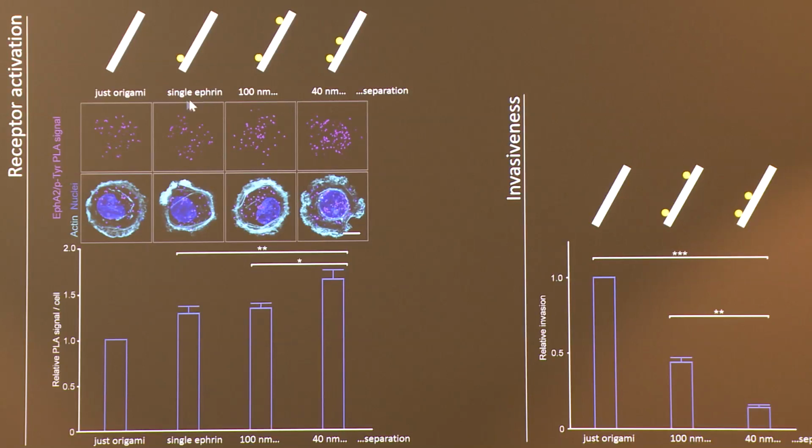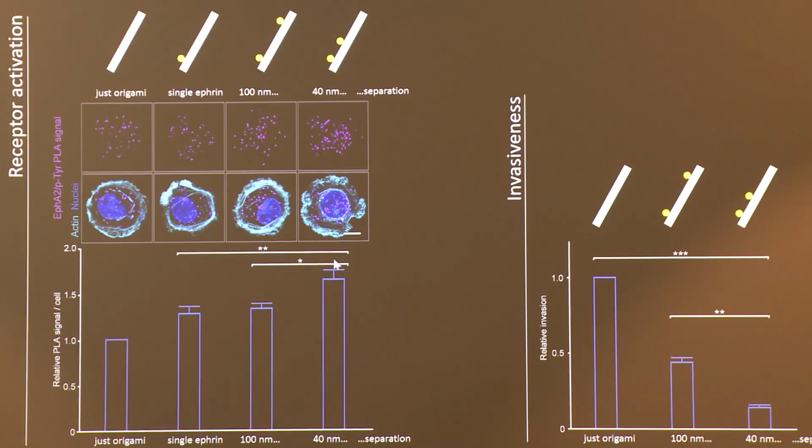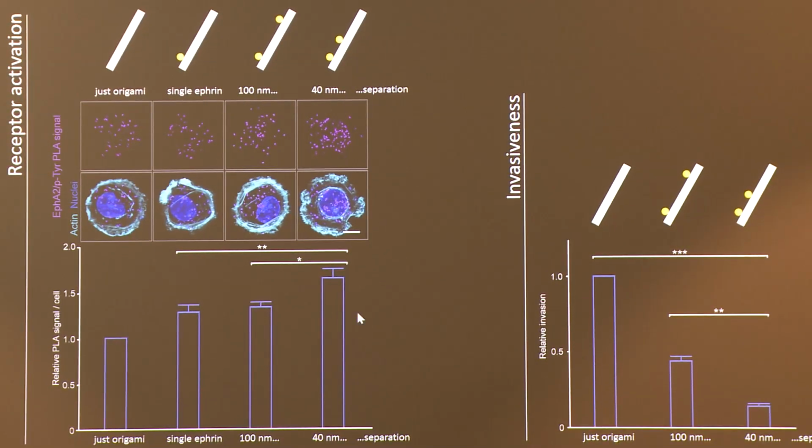Of course, the total concentration of these ephrin proteins is the same in all of these cases. Below we plot the relative number of dots per cell, and we can indeed show that bringing these proteins closer together leads to a more efficient activation of the EphA2 receptor.